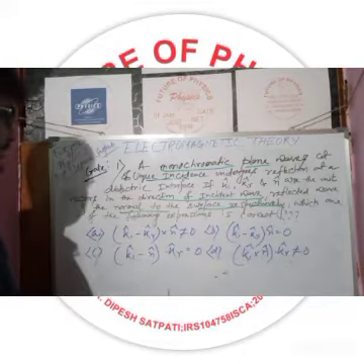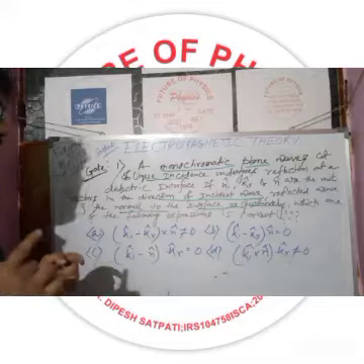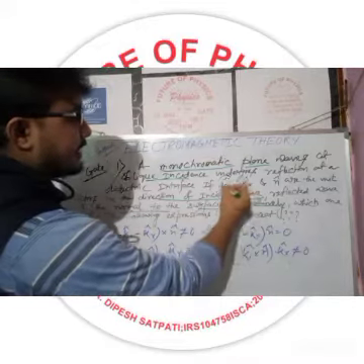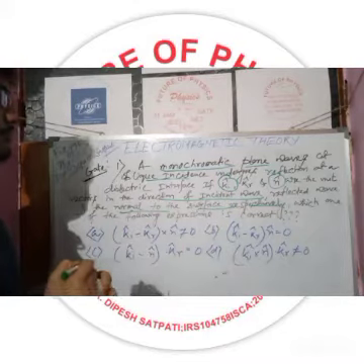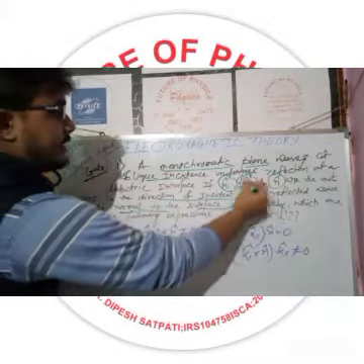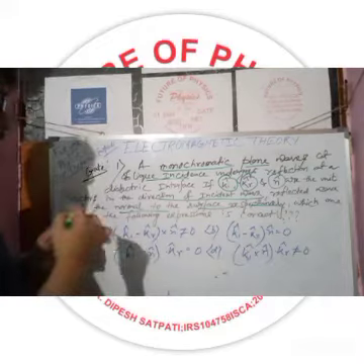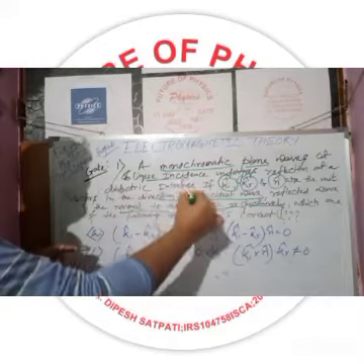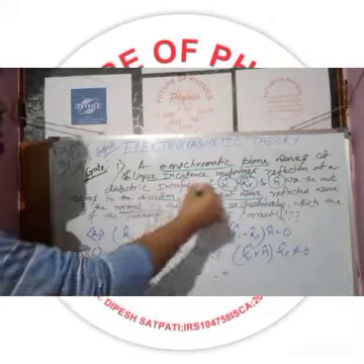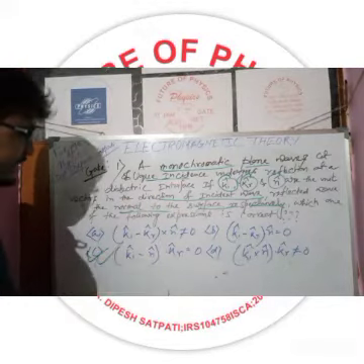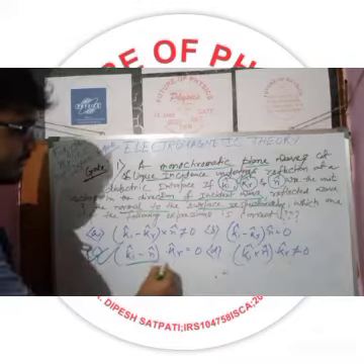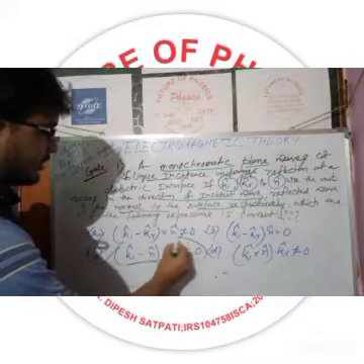Now we know that (k_i vector minus n vector) dot k_r vector. Then option C is correct: (k_i vector minus n vector) dot k_r vector is equal to 0.